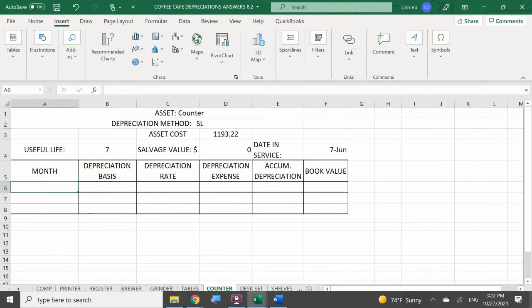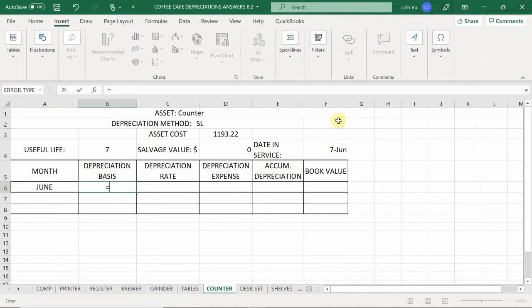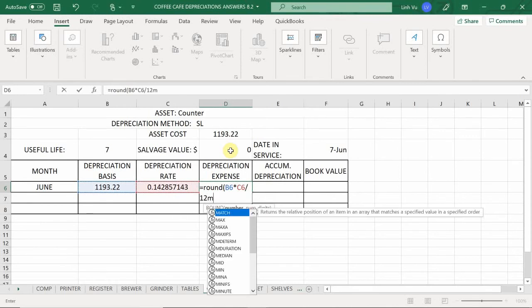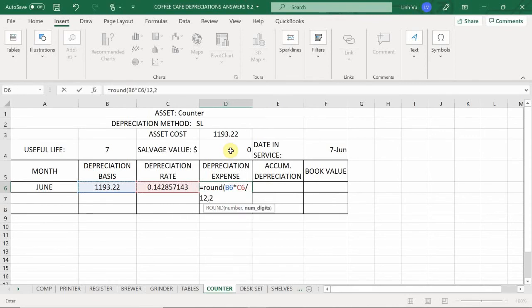Okay, 1,193.22 divided by 12. The rate is 0.142857. No, I'm talking about the depreciation expense.